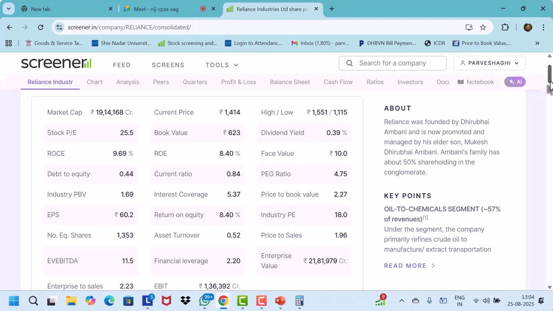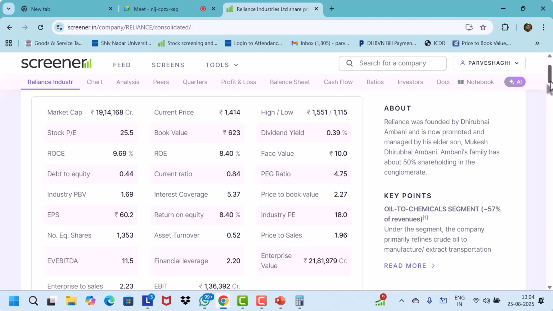So what does 0.44 mean? Anybody other than Srishti? Ashwin, are you there? Anyone? Srishti, what is 0.44?